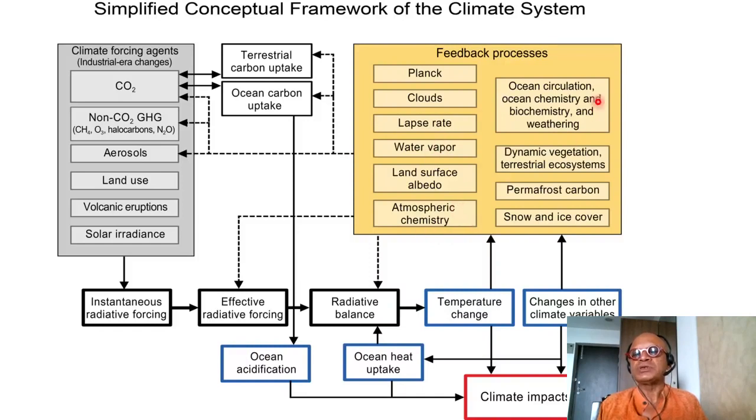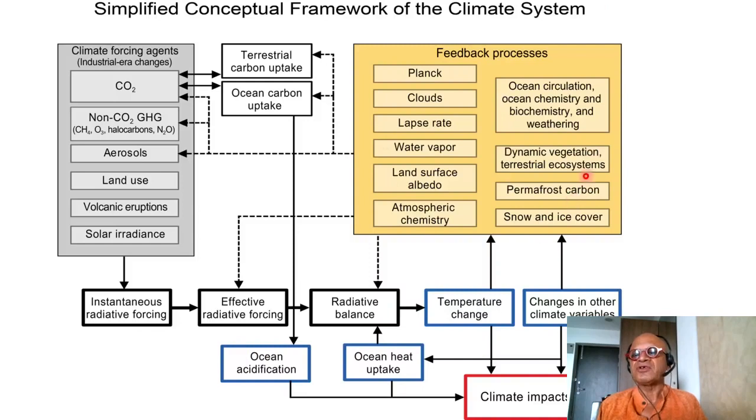And we have also ocean circulation, ocean chemistry and biochemistry, and weathering, which is the carbon cycle feedback. Temperature changes and precipitation changes also affect the weathering rates, for example. In general, it's a geologic timescale process, so we are mixing all the time scales here.